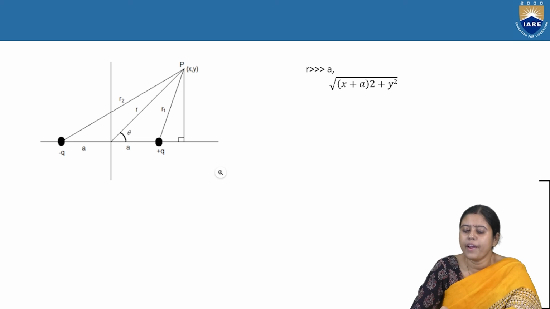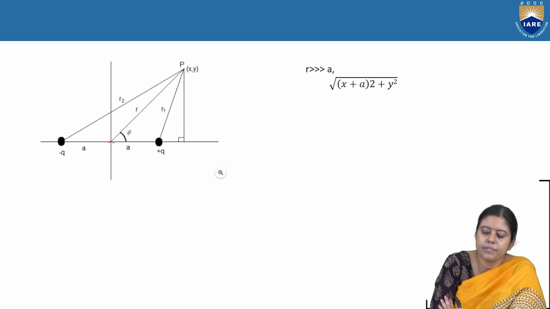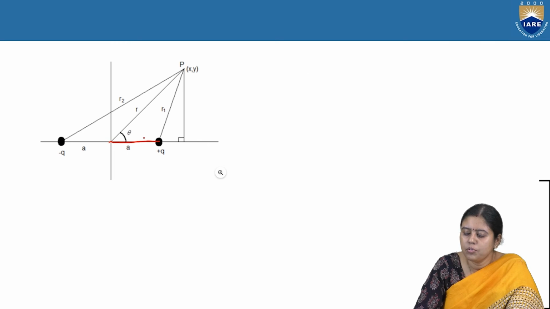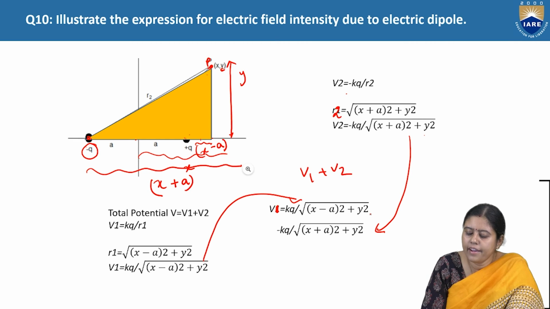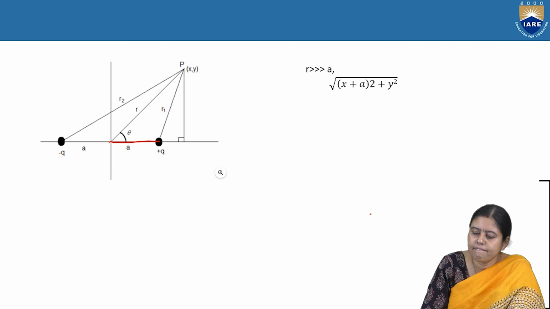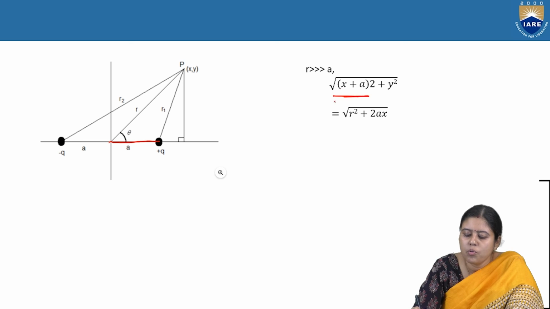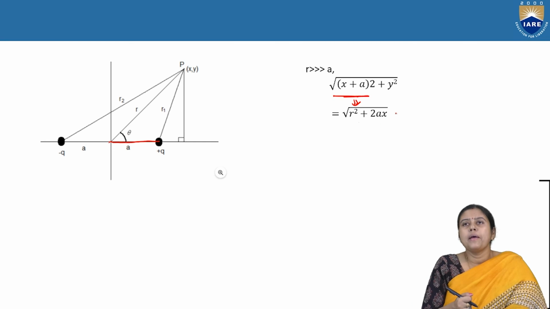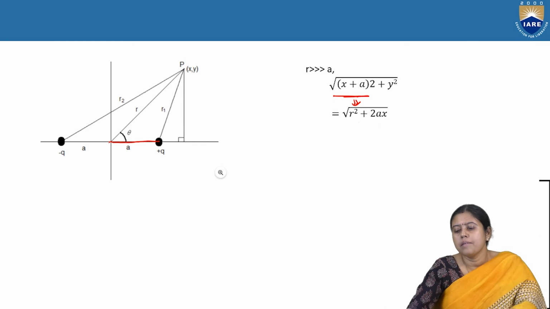If R is very much greater than A, if this distance is very small, we can approximate the root of (X plus A) squared with R. So R squared plus 2AX, we are simplifying the value.